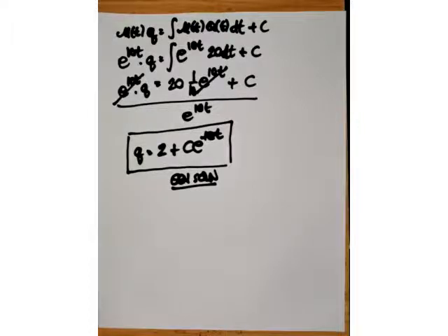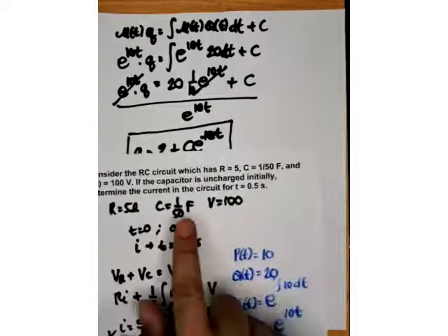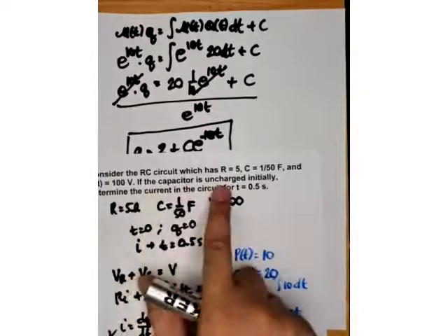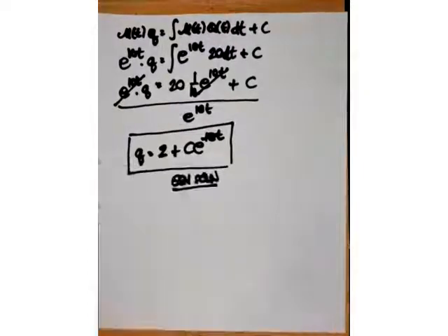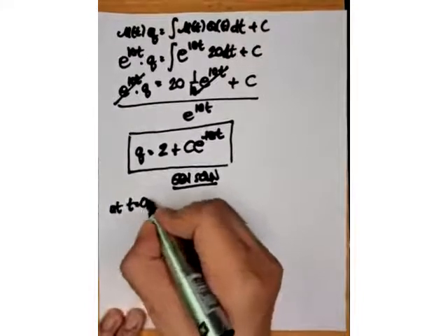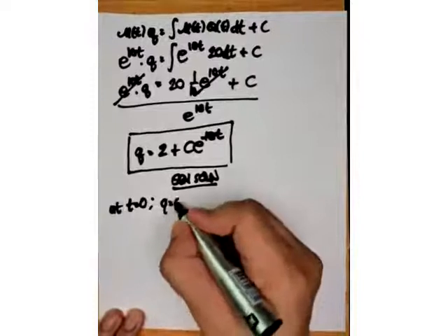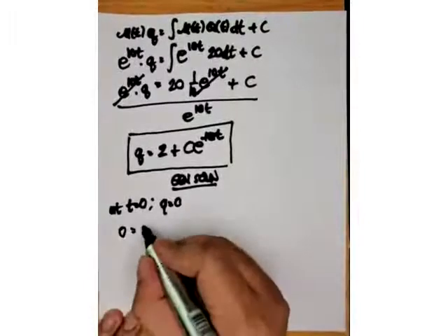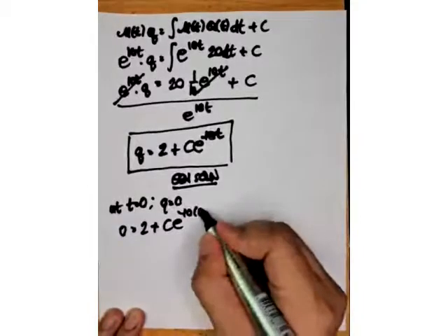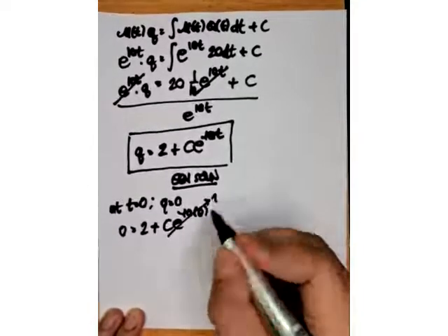Okay? Now, let's apply the condition. So, meron tayong condition daw. So, sabi dito, capacitor is initially uncharged. So, therefore, at t is equal to 0, the charge is also 0. So, 0 is equal to 2 plus c e raised to negative 10 times 0. So, this will be equal to 1.